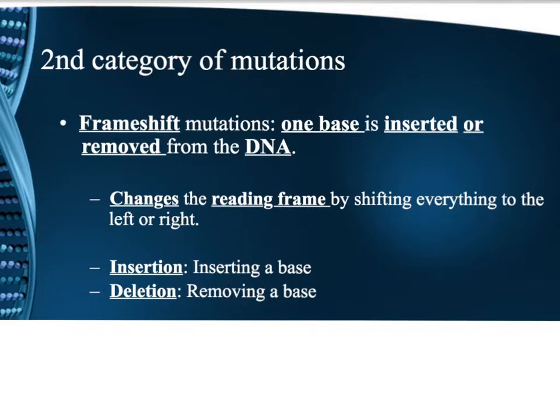It's just either added or subtracted. That's the big difference. What this does is it changes the reading frame of your RNA polymerase, and you make different codons. Different codons mean different amino acids, and usually this results in a very big mistake.